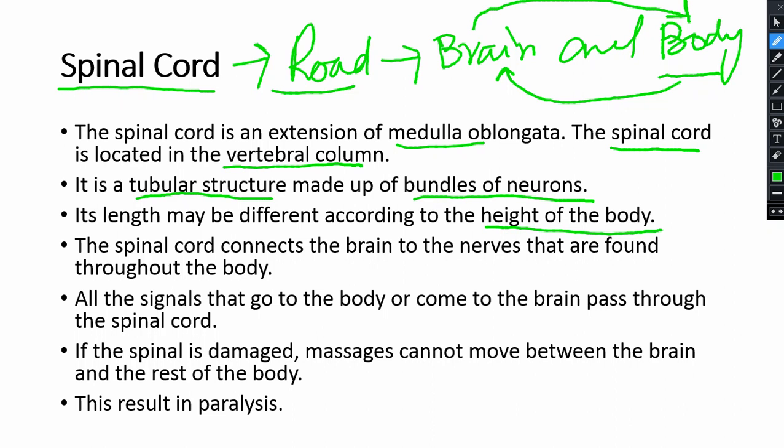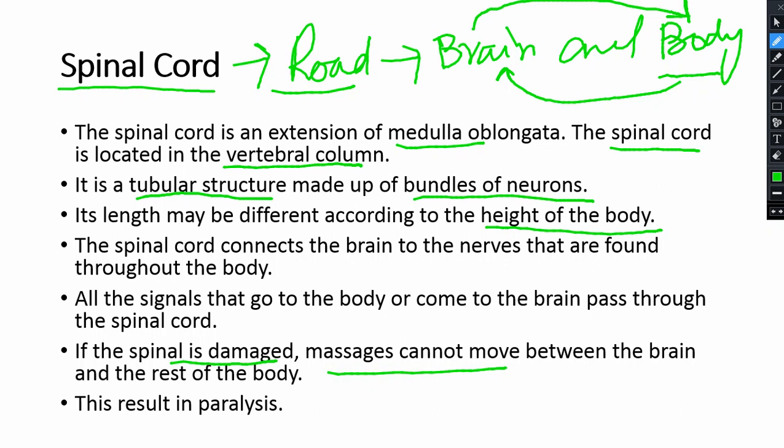The nerves are distributed to all parts of the body, and they connect the spinal cord with the brain. All these signals are passed through the spinal cord.